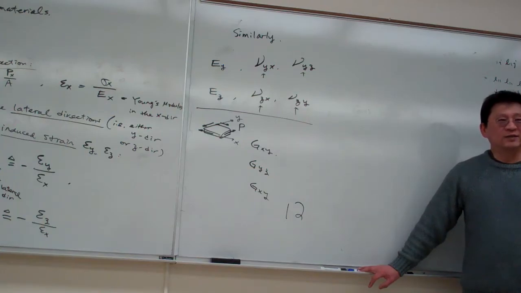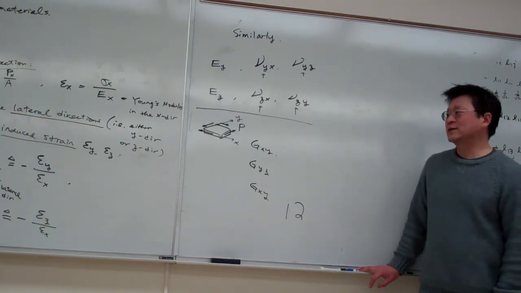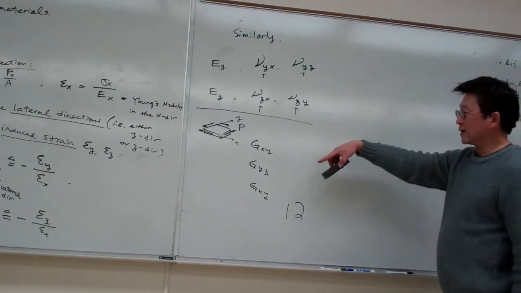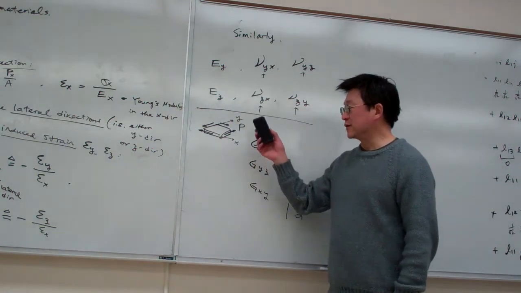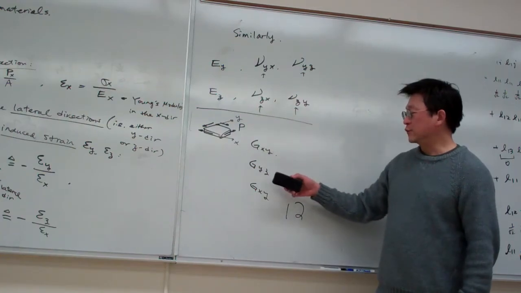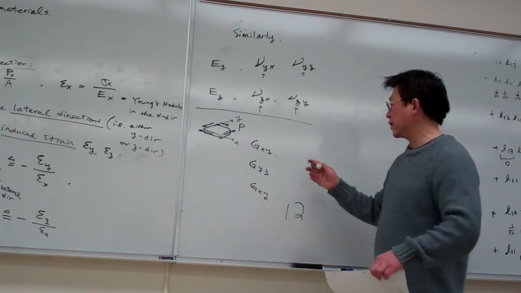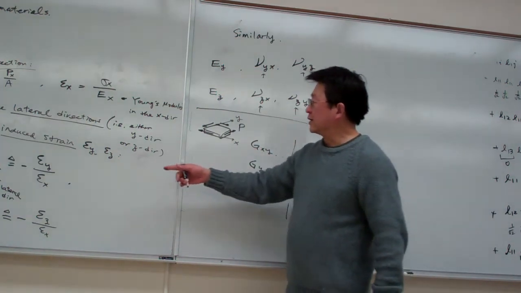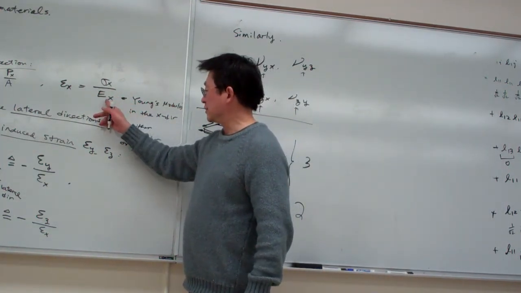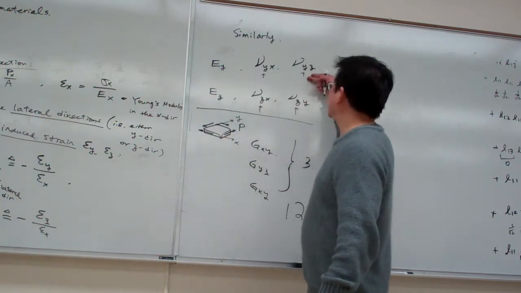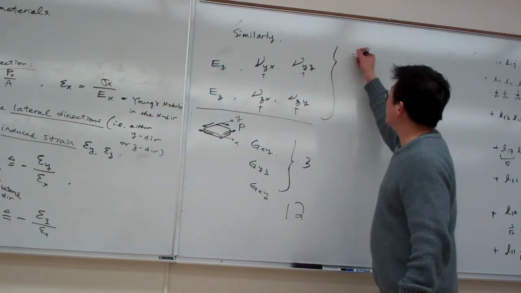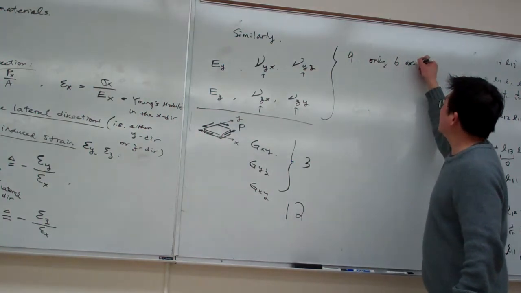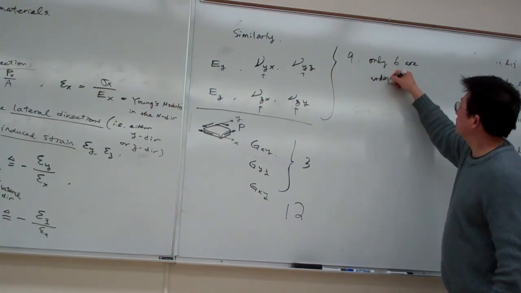What's the mistake here? No, I didn't make a mistake. Actually, out of the 12 components, the 3 shear ones are independent, so that will contribute 3, okay? And out of the 9 here, the Young's moduli and the Poisson ratios, only 6 are independent.